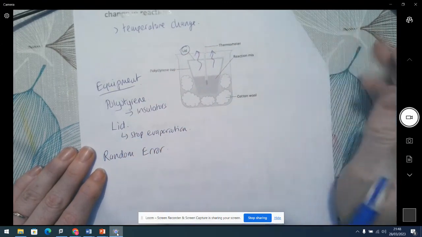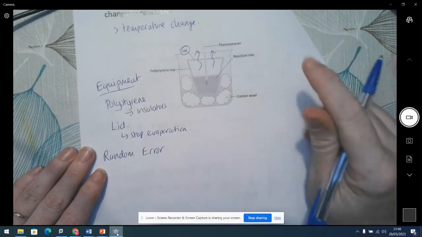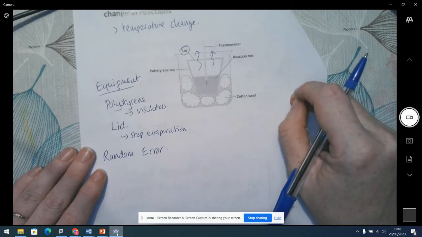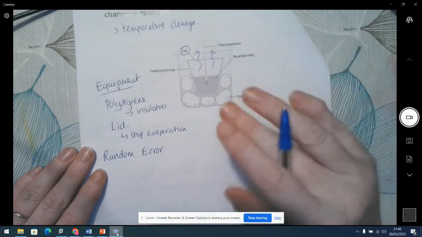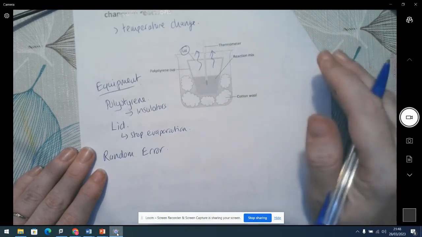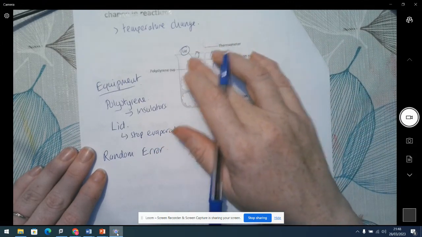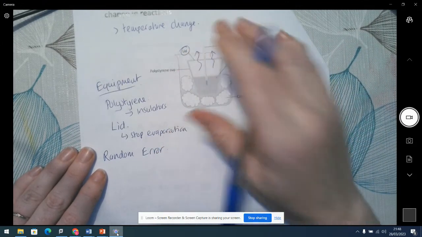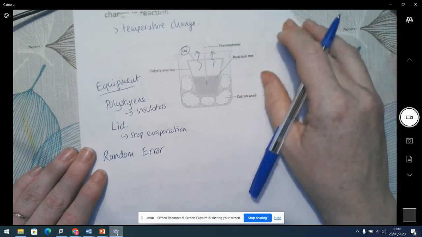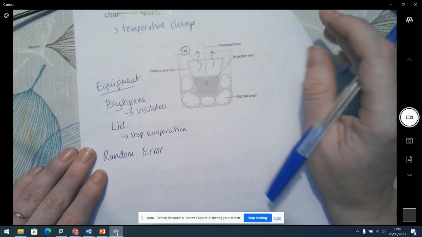If you remember the 3 types of error, it's random error, systematic error, and zero error. We should never be saying human error for any answer. But here we've got a random error because the person might have left the lid off. So therefore heat can escape, so the energy change would be greater.